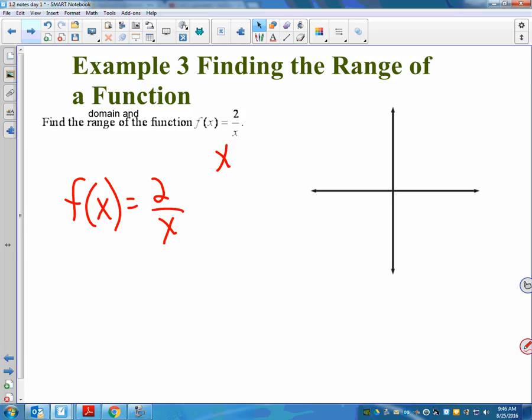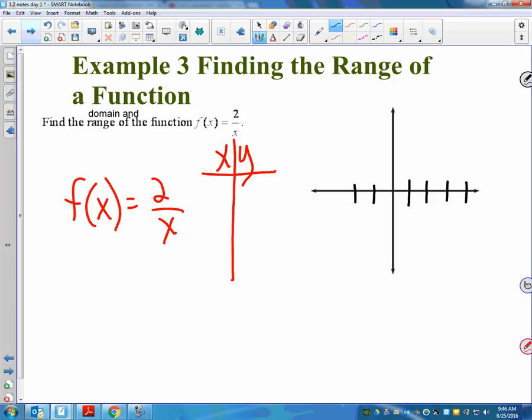We can make an XY chart here too if you want. I usually just wing this one, but I'm going to graph it nicely to jog your memory. I can say sketch it, graph it.